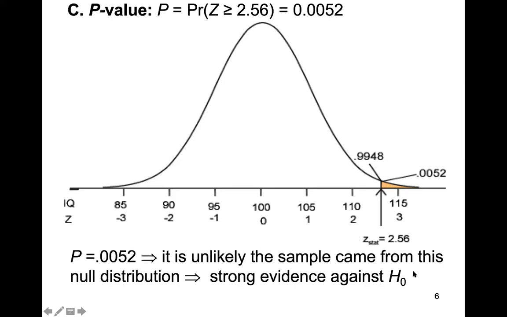Do you remember these concepts? Strong evidence against H0. If I have something less than 0.05, then I have strong evidence against H0. That means this sample is unlikely to come from the distribution of the null hypothesis, okay? So we have strong evidence against this hypothesis.